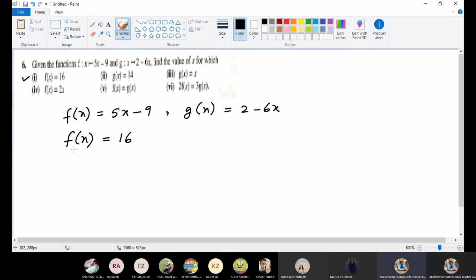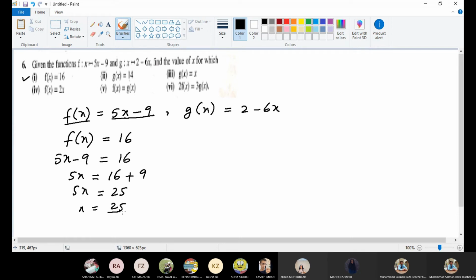So wherever you see f of x, we can replace it with 5x minus 9. So I'm going to write 5x minus 9 over here equal to 16. And then 5x is equal to 16 plus 9, and then 5x is equal to 25. And then x is equal to 25 over 5, which is going to be x is equal to 5, my answer.